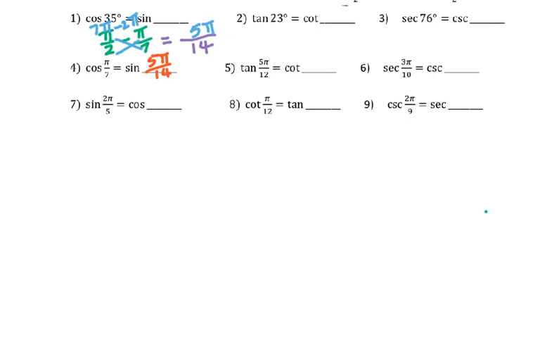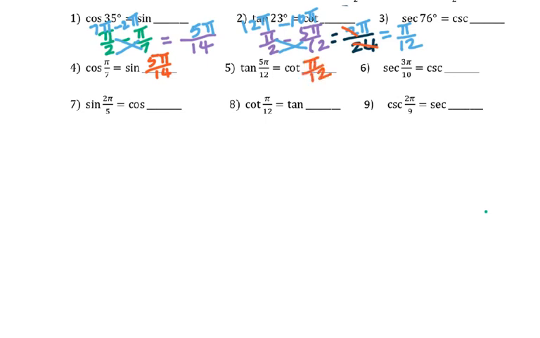For number 5, we do pi over 2 minus the 5 pi over 12. Denominator will be 24. Cross multiply 12 pi minus 10 pi. That's 2 pi. So reduce will be pi over 12. Therefore, pi over 12 will be the solution.